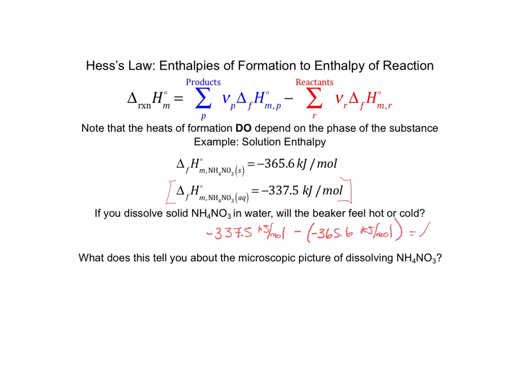And so my delta H is going to be a positive value, and that means that this is endothermic. And so that means that energy is moving from the surroundings to the system. And so our hand is the surroundings, and it is going to feel cold because the energy is leaving it.